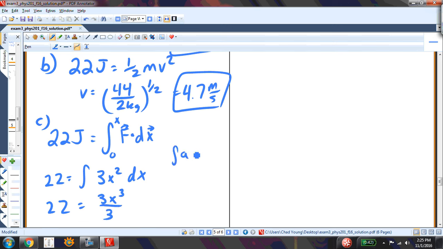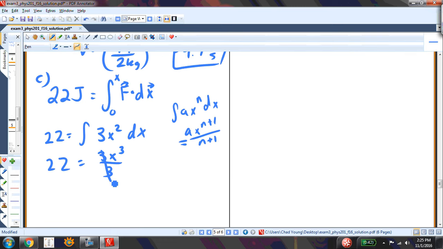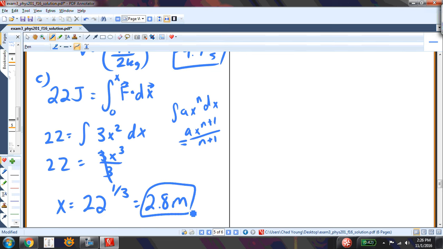Remember, the integral of ax to the n dx is ax to the n plus 1 over n plus 1. Make sure you know your integrals of your polynomials. 3's cancel. 22 is x cubed. That's going to be x is 22 to the 1/3 power, or the cube root of 22, if you have that on your calculator. Ooh, do I? I do. I get 2.8 meters. 2.8 times 2.8 times 2.8 is 22.